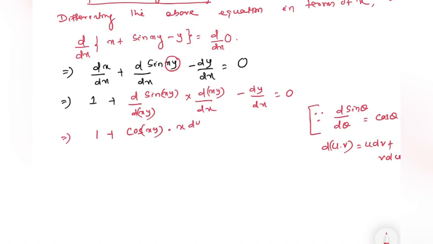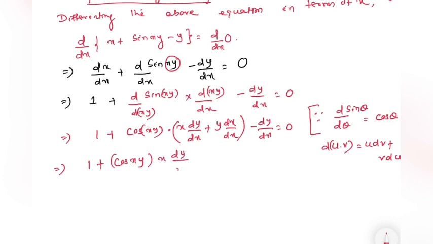So x into the derivative of y with respect to x plus y into the derivative of x with respect to x, minus dy by dx is equal to 0. Next you see 1 plus cos xy times x into dy by dx plus again y into cos xy, because dx upon dx is 1, minus dy by dx is equal to 0.